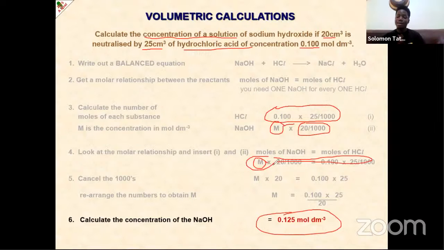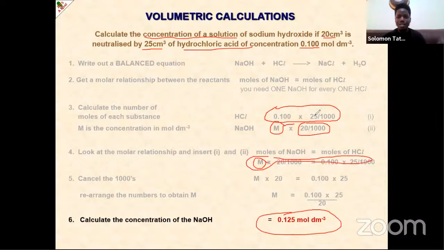Any questions on this? Something you have not understood? We used the equating method here, which is mathematically sound and logical, because you see the mole ratio. Here we are finding the moles of HCl. We got that formula. Then the moles of sodium hydroxide gave us an unknown, which is the molarity we're looking for, times the volume.